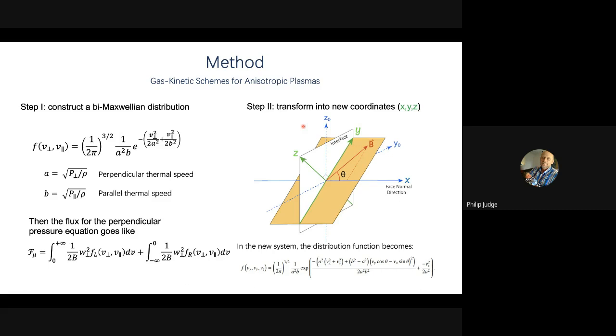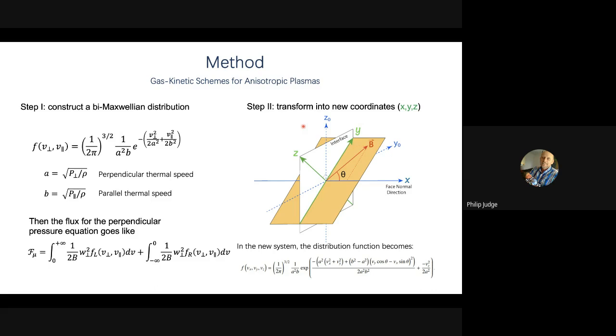So I was wondering, in splitting up the distribution function into a parallel and a perpendicular part, whether you could also do something with parameterizing an asymmetry in the velocity distribution function to look at transport coefficients.